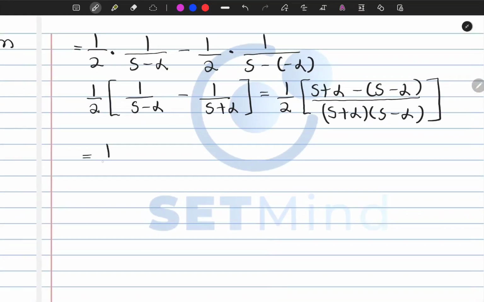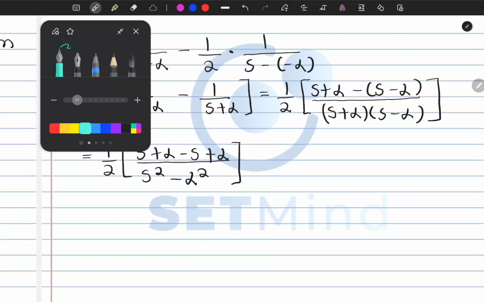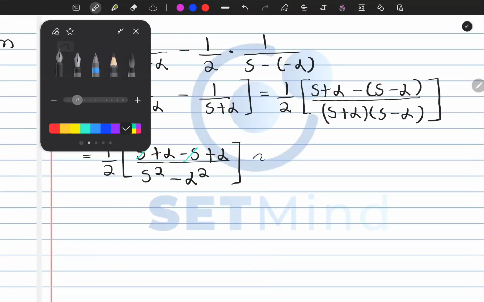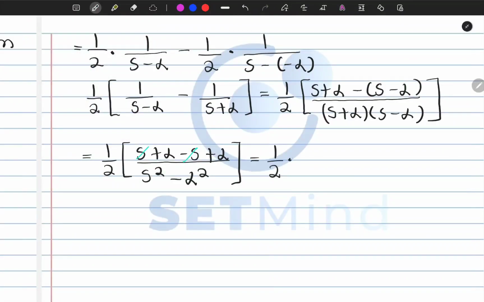We'll have 1 over 2, and we'll end up having s plus alpha minus s plus alpha in the numerator, divided by, at the bottom, a difference of two squares, at least when you reverse it. So when you multiply, you'll get s squared minus alpha squared. There are terms which cancel, and what we end up having is 1 over 2 multiplied by 2 alpha divided by s squared minus alpha squared.